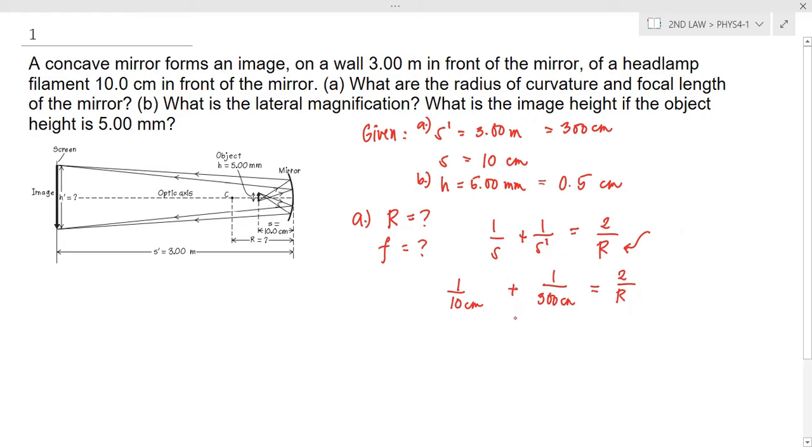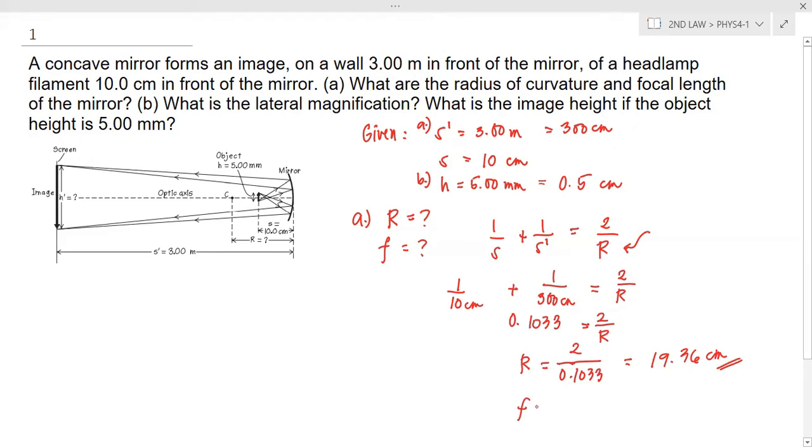This will give us 0.1033 equals 2 over R. To solve for R, we do a cross multiplication, so R equals 2 over 0.1033. Solving this gives us 19.36 centimeters. This is now our radius of curvature.